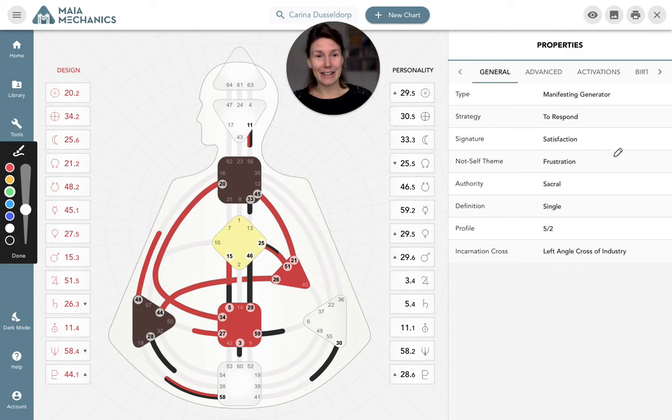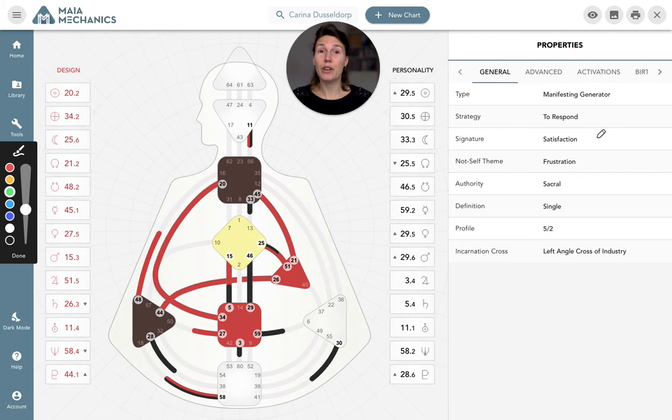And then I will find satisfaction, which is the signature theme. The opposition of the frustration is basically the satisfaction. And for the generators, the signature is satisfaction. And it means that we are here to be satisfied with whatever we do.